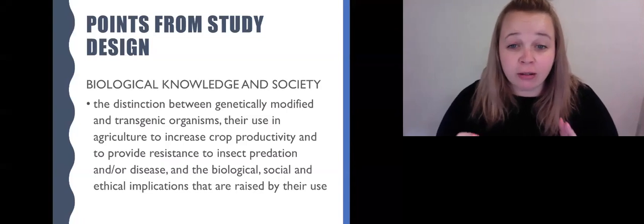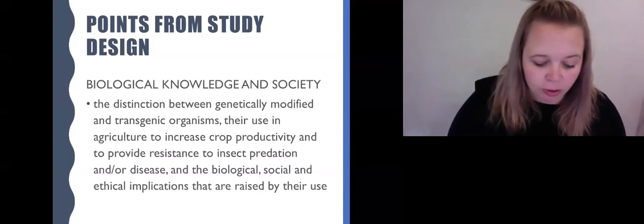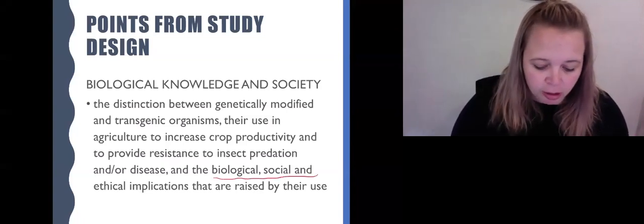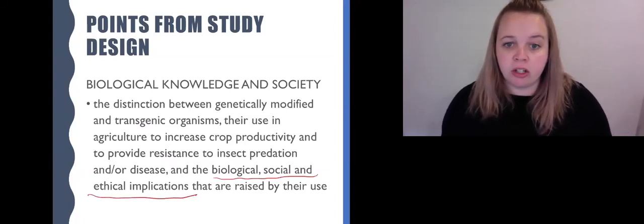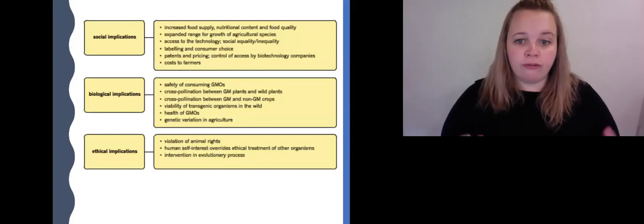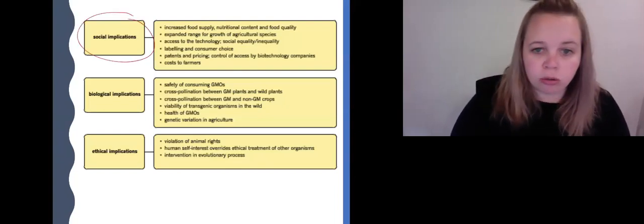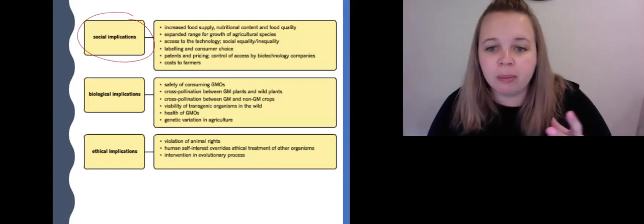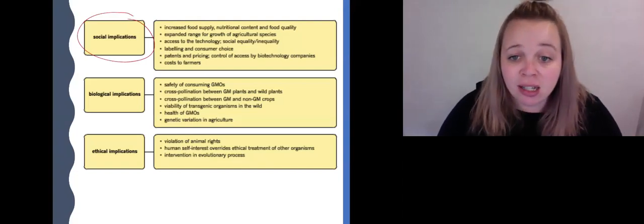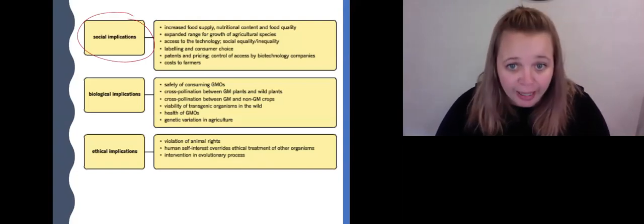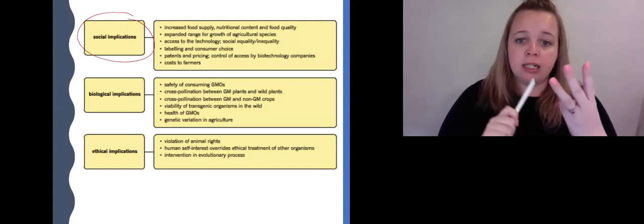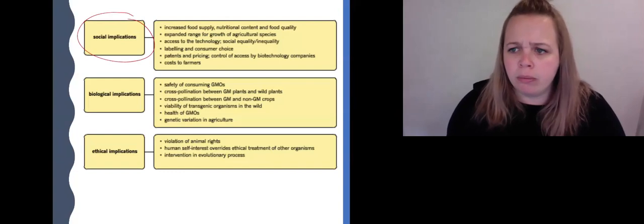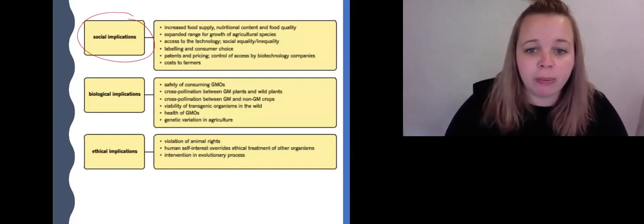So, the final part of this dot point that's been broken into 4, we're looking at the biological, social and ethical implications that are raised by the use of transgenic plants. So first off, let's have a look at social implications. What are some of the benefits and disadvantages of making plants that can increase productivity, that can be resistant to disease, or that can provide pest resistance?